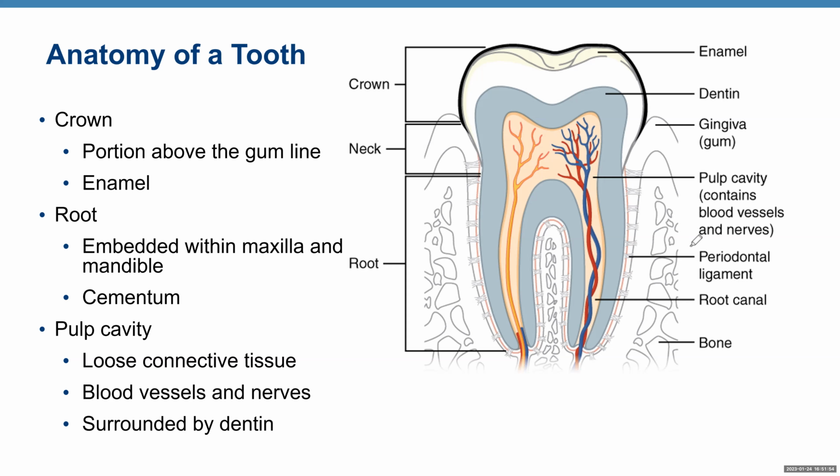Then we have the pulp cavity, that is a loose connective tissue. So right here, this pulp cavity, loose connective tissue that contains blood vessels and nerves and is surrounded by dentin. So here, that's surrounded by dentin.